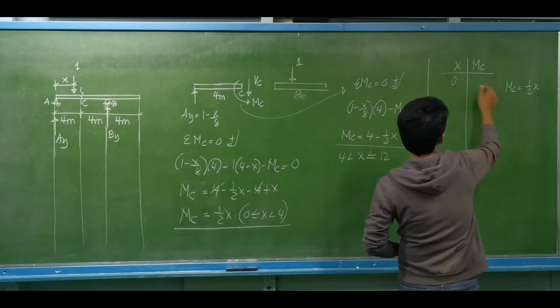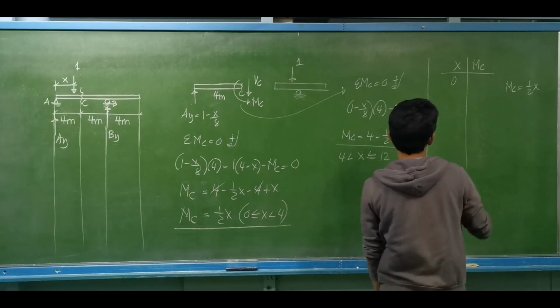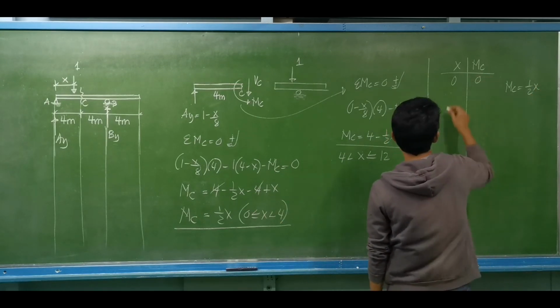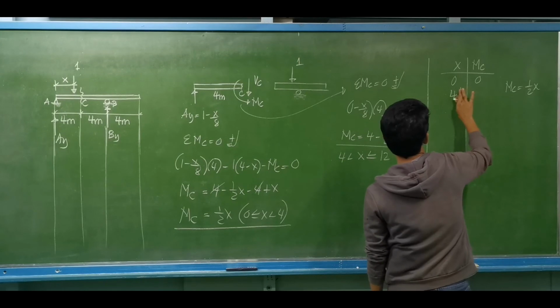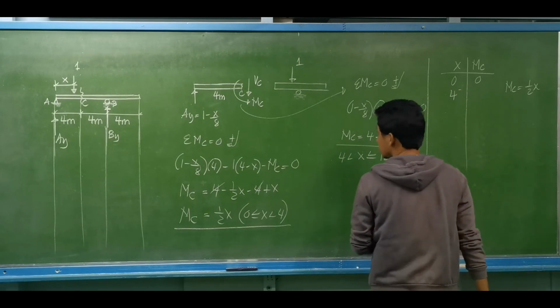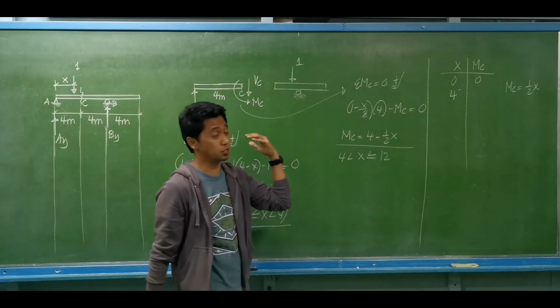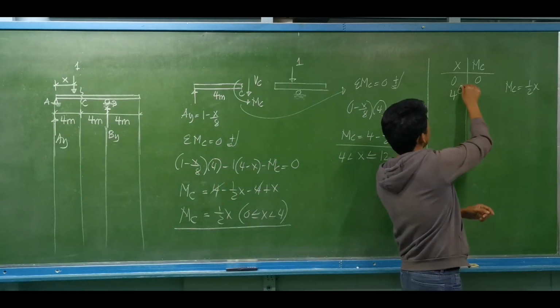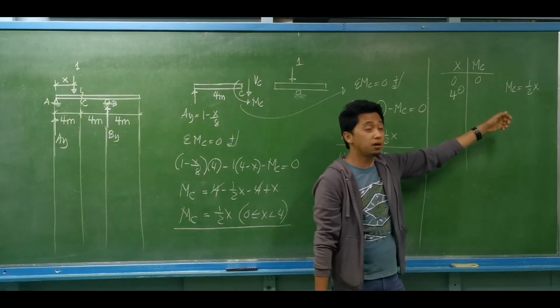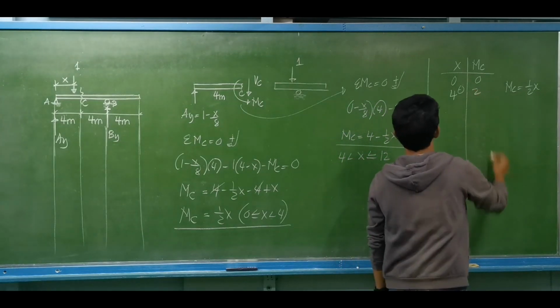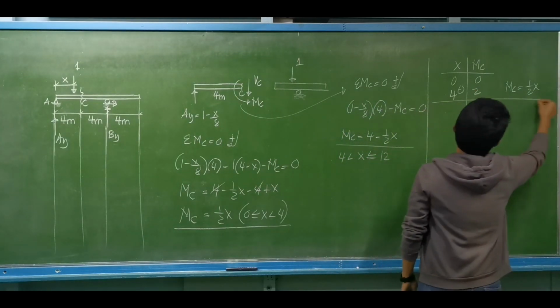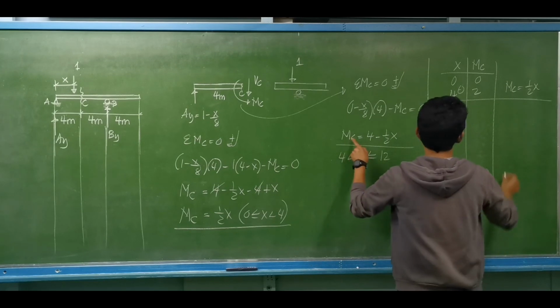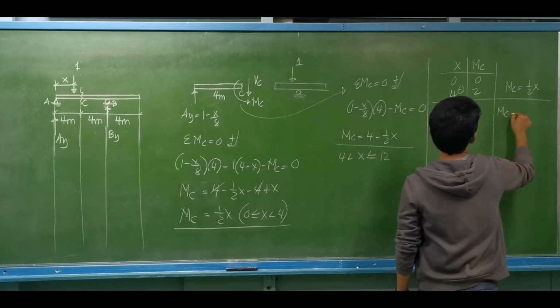So at x equals 0, 1 half times 0 is 0. Let's say at 4, just before point C, what is 1 half of 4? Obviously, that is 2.